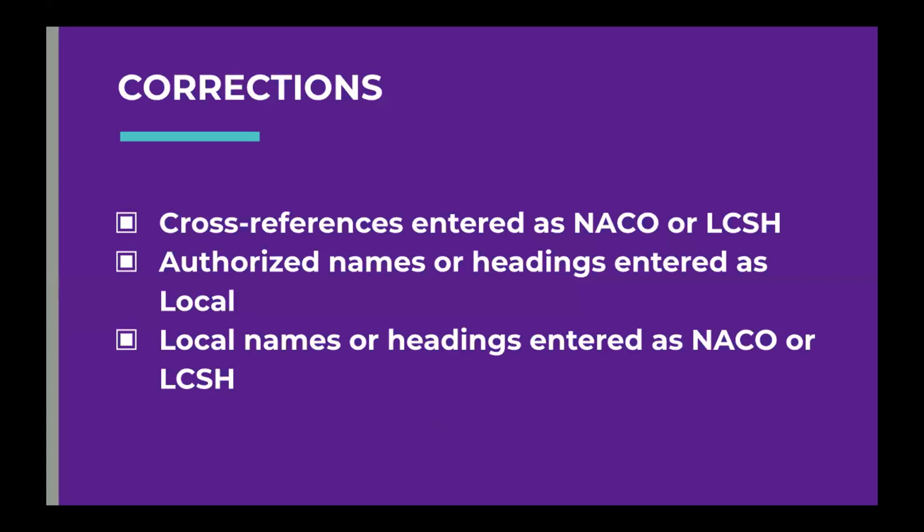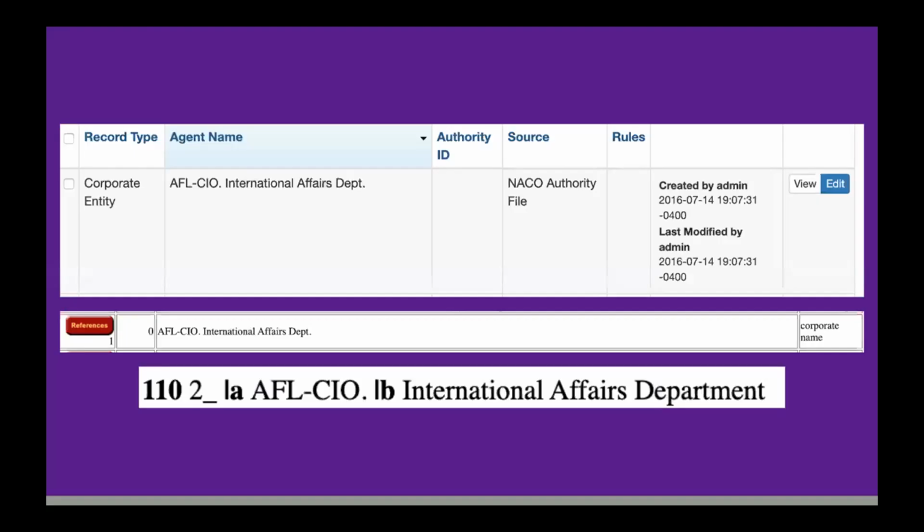So our edits tended to fall into a few common categories. A number of agent and subject records were initially recorded as being NACO or LCSH, but were actually references rather than authority records. So here's an example of this AFL-CIO agent term, which kind of pings your radar immediately because it seems strange that the authority would be DPT period instead of the full word department.